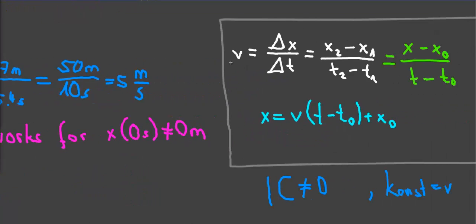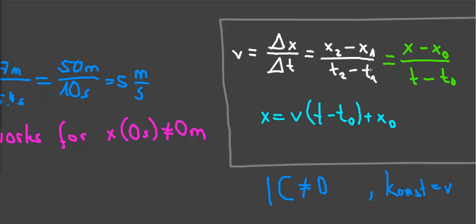But we can fix this problem. We just use the definition of what delta x and delta t actually are. Delta x is some arbitrary value 2 minus some arbitrary value 1, here x2 minus x1, and for time, t2 minus t1, where x2 and t2 have to belong together and x1 and t1 have to belong together.